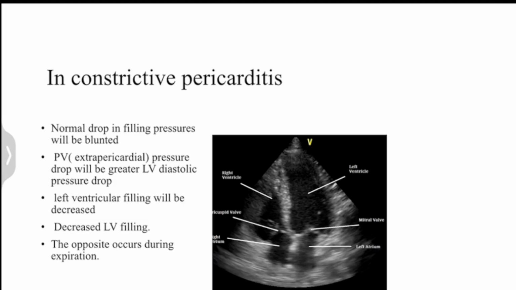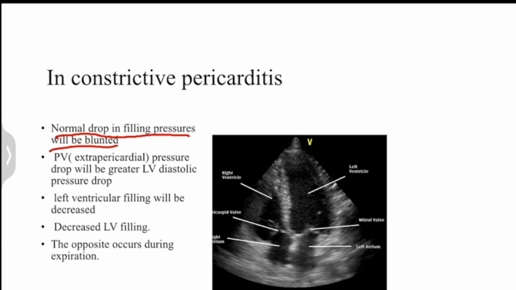So the normal drop in filling pressures is blunted. That is, during inspiration, the negative intrathoracic pressure increases, and this will not produce much filling into the right atrium and right ventricle because of the thickened pericardium.